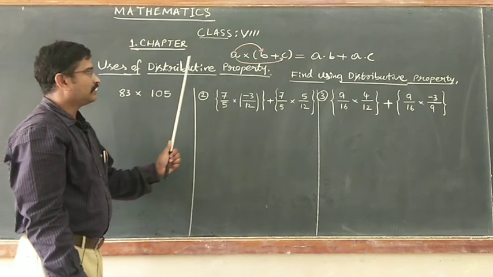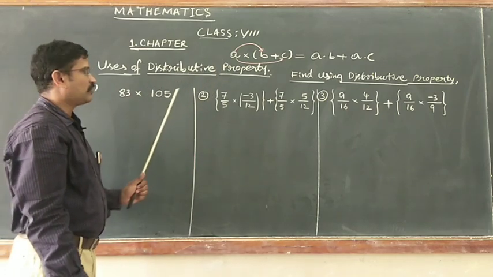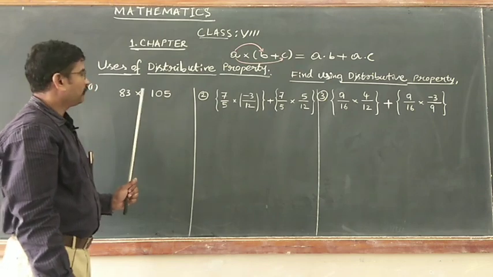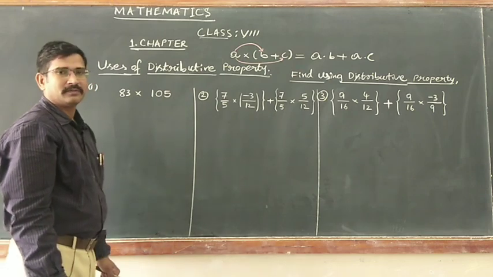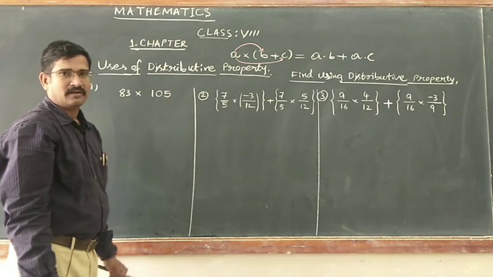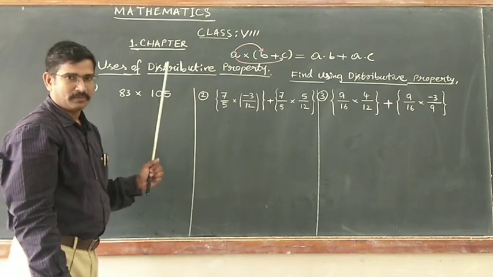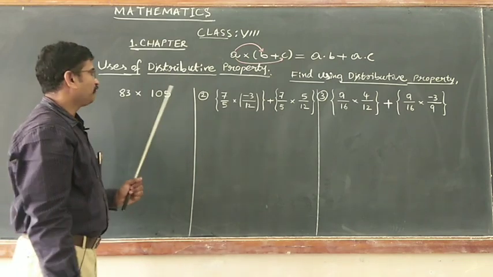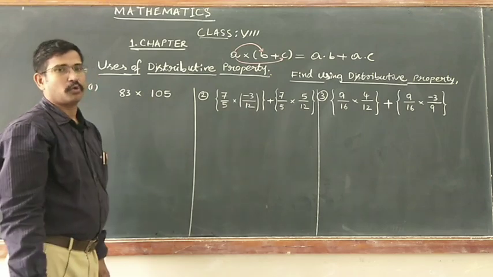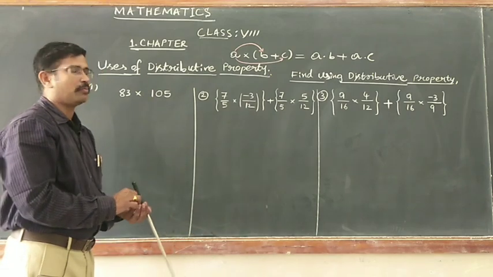As I said, this distributive property is very much helpful in simplification of the product. While multiplying any two numbers, we can simplify our process. How we can simplify our process?